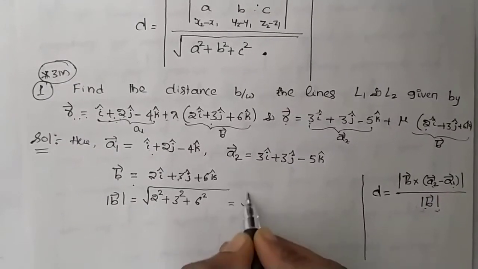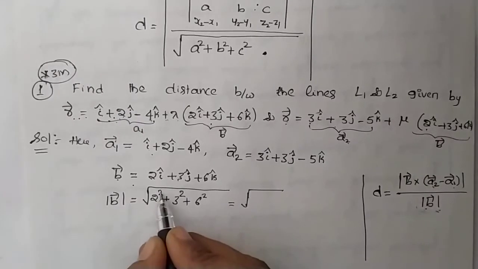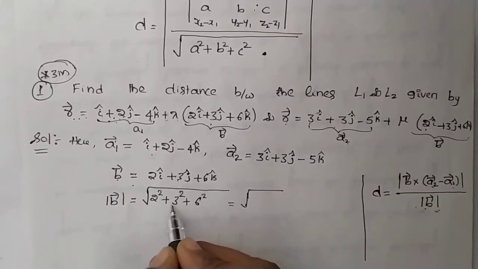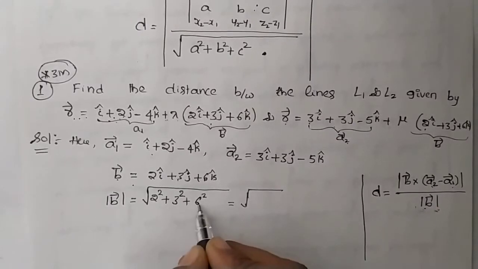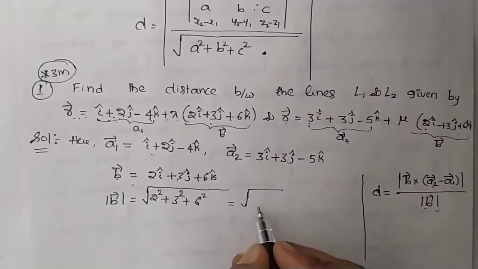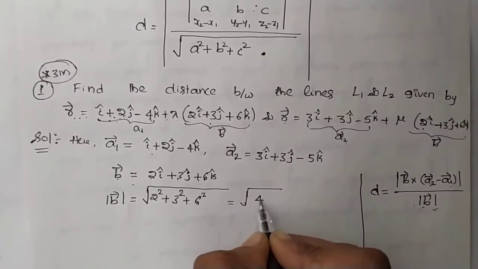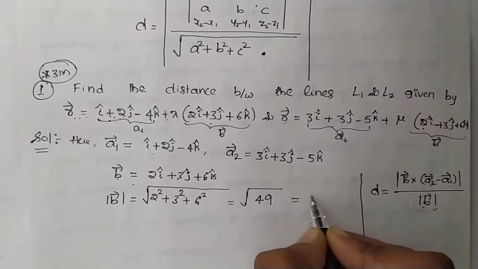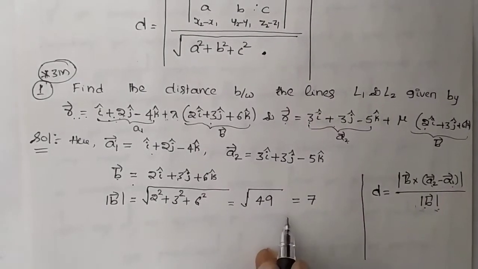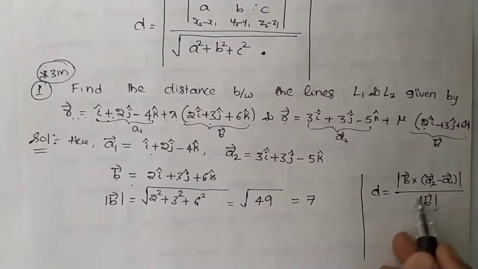That is the square root of 2 square is 4, 4 plus 3 square is 9, 4 plus 9 is 13, 13 plus 6 square is 36. So finally we get the square root of 49, which equals 7. The magnitude of b vector is 7. Now the magnitude of b vector is over.